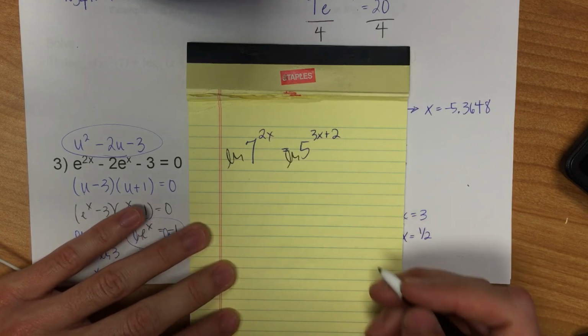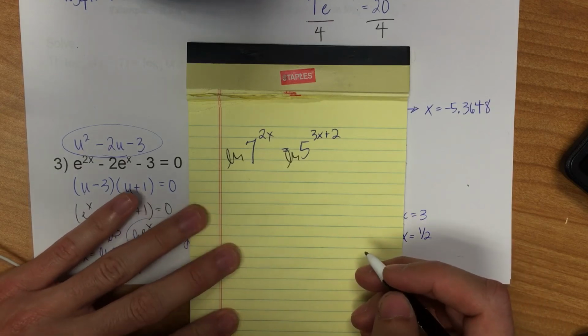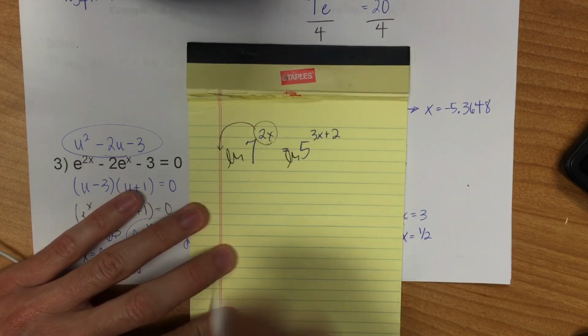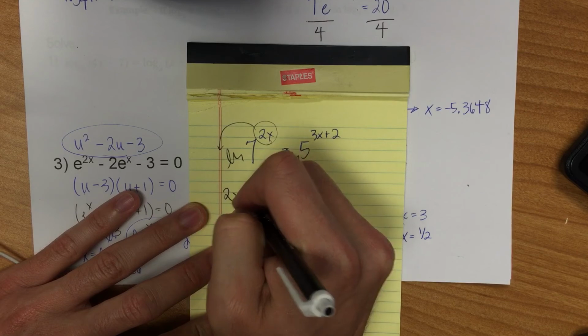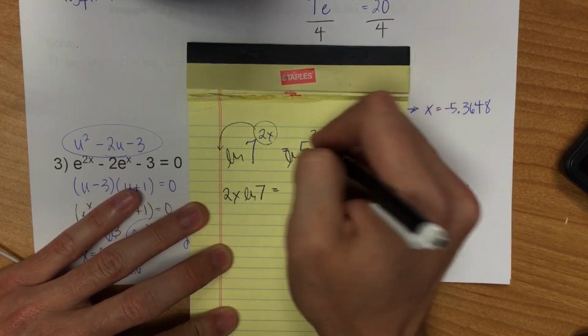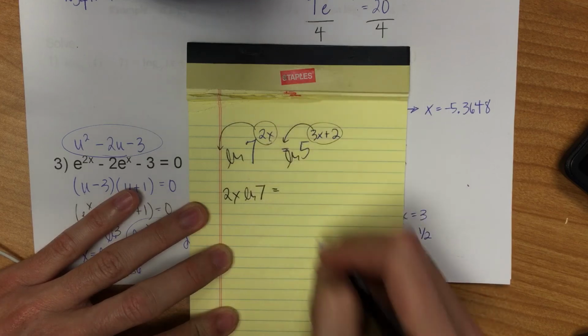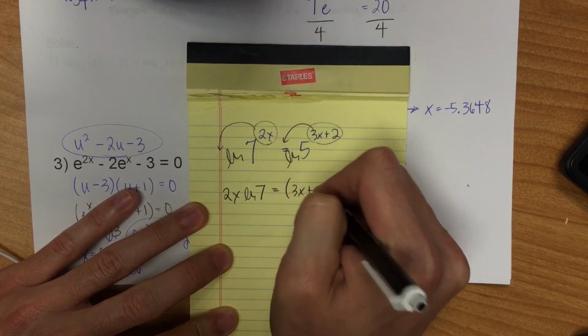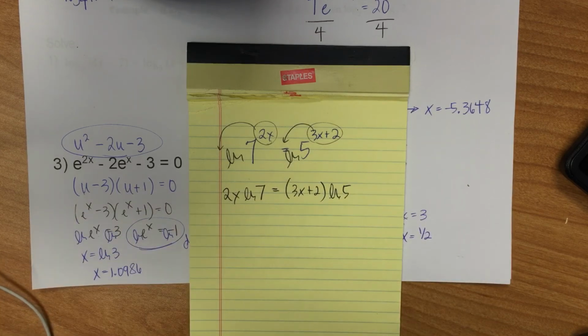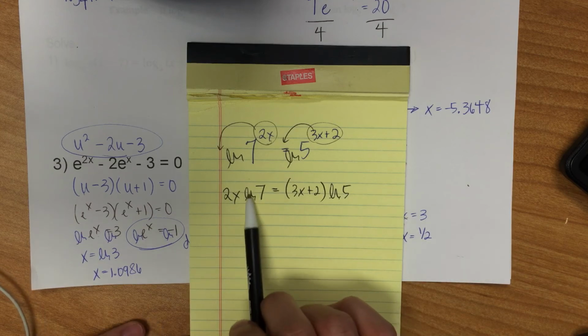Now, remember your properties of logarithms. That power now can come down on the front. So this is 2x ln 7. The other side, that power comes down on the front. That is 3x plus 2 ln of 5. So what are you going to do? First thing, this is a numerical value.